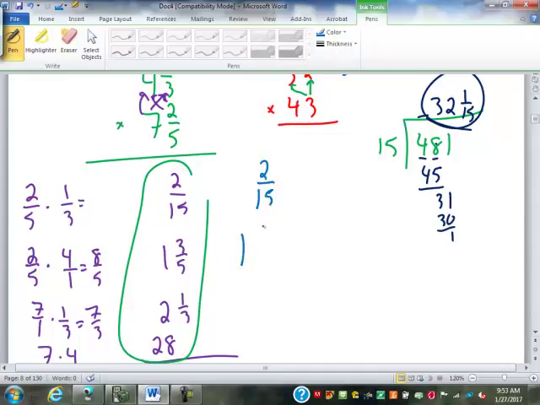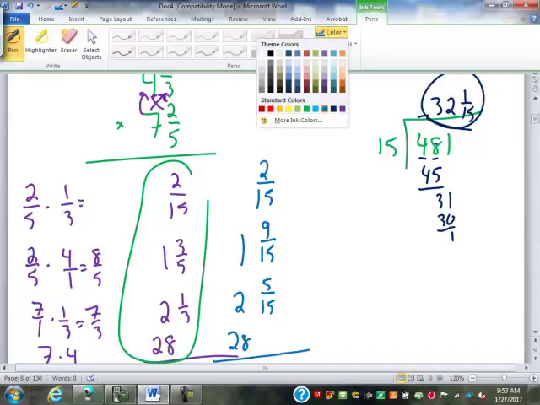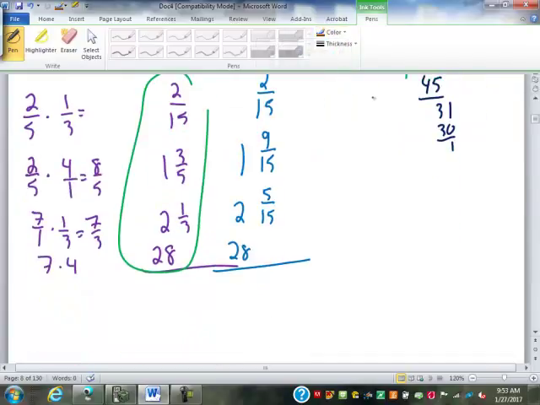This is going to be the 1, and that 3/5 becomes 9/15. We have the 2 1/3, which is 5/15, then just 28. So we got 2 plus 9 is 11, plus 5 is 16/15, which is 1 1/15.